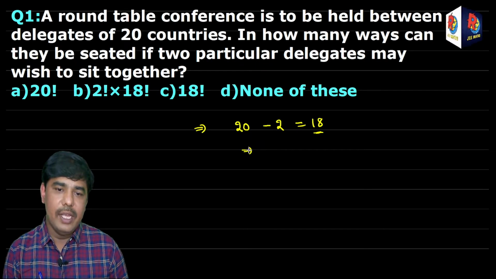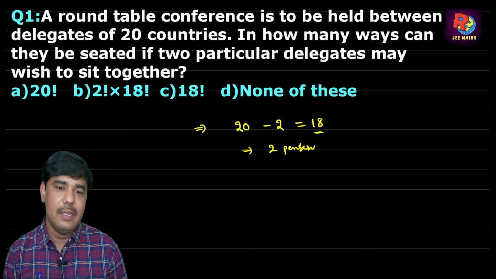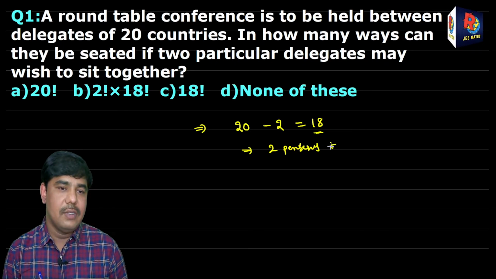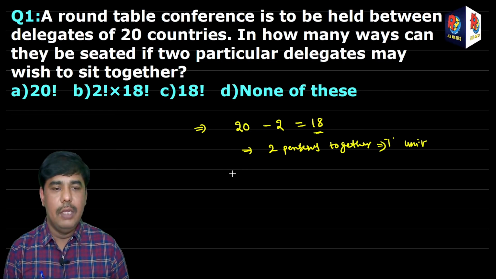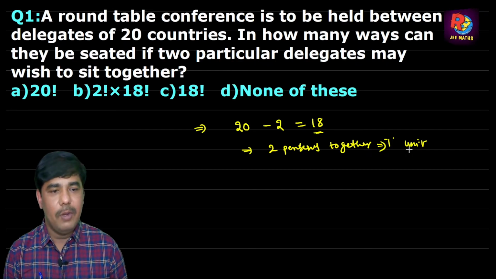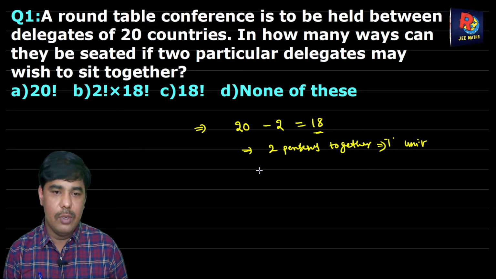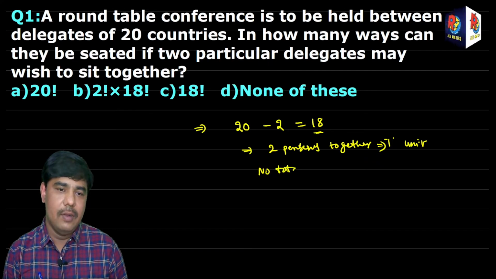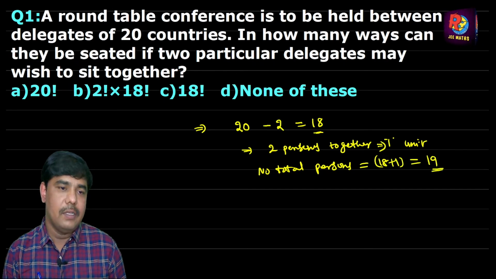Whenever the word sit together is there, these 2 persons will be considered together as 1 unit. That one you need to remember. So now the total persons equal 18 plus 1, that equals 19 persons.